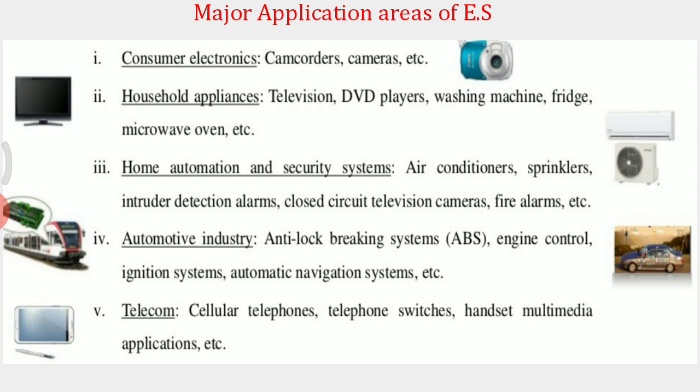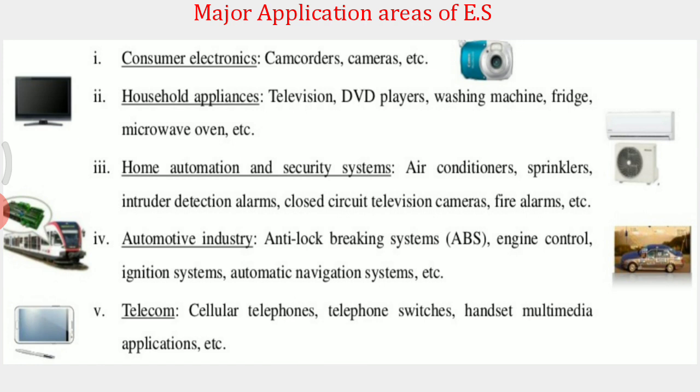Automotive industries: ABS, that is the anti-lock braking system, is also an embedded system, as are engine control and ignition systems, and the automatic navigation system.